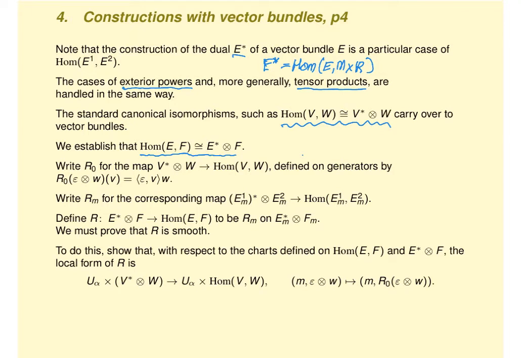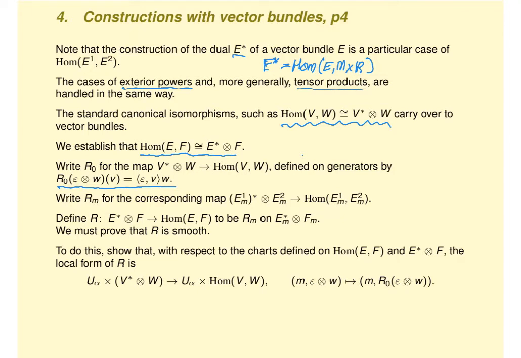First of all, write R0 for the map that goes from V dual tensor W to Hom, and that's defined on generators like that. Okay, so the elements of the tensor product are generated by these simple elements, epsilon tensor w, where epsilon is in V dual and w is in W, and one extends by linearity in the natural way. So R0 of epsilon tensor w is going to be in Hom VW.